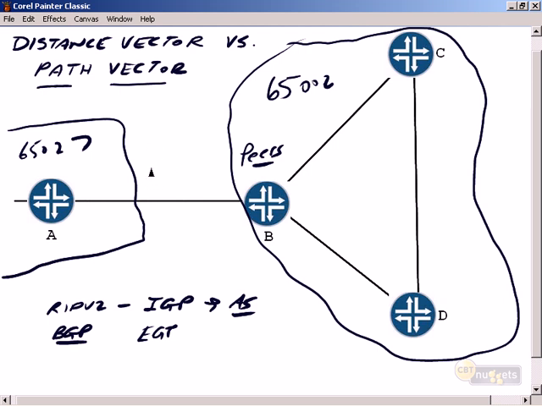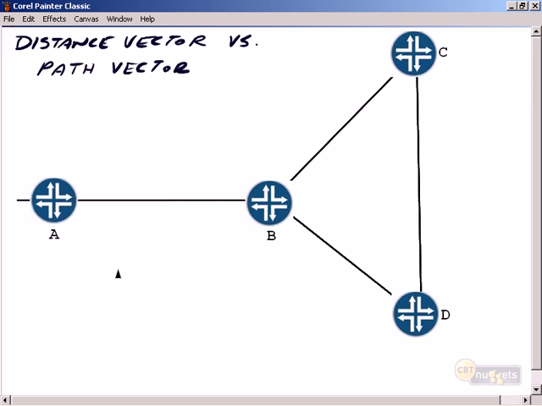And we need some type of protocol between these autonomous systems, BGP. So since BGP is a vector protocol, it can have loops as well, right? Absolutely. It actually has a really easy loop avoidance mechanism.